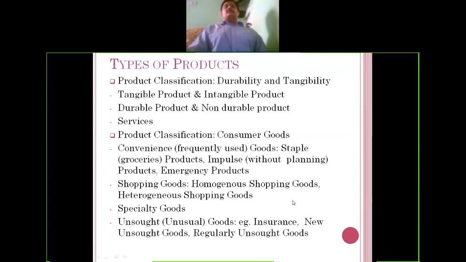Yes. So here, what we understood in the product classification with the durability and intangibility thought process. Yes, completely. We do have tangible, intangible, durable, non-durable, and pure services.